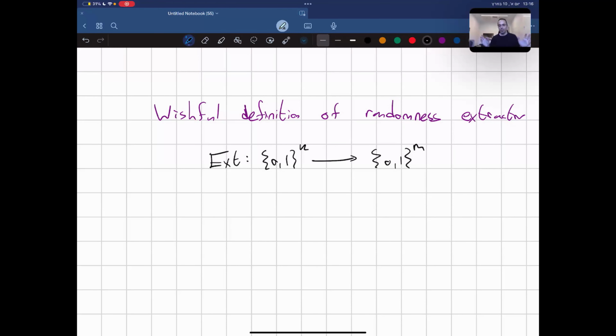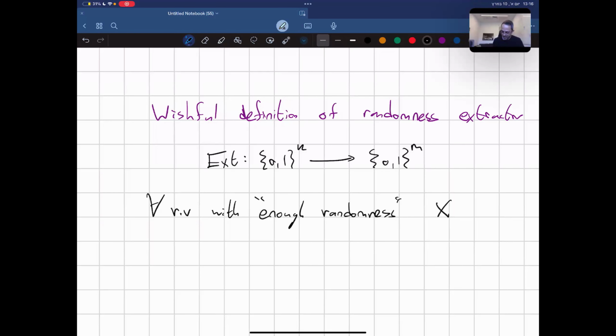And the hope is, and we will need to formalize that, that for every random variable with enough randomness, whatever that means, let's call it X. So X is supported on n-bit strings. It's a random variable or distribution; I don't distinguish the two here.